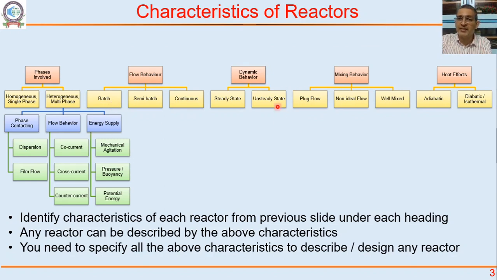It is unsteady state because concentration changes with respect to time, and it is well mixed because everywhere within the reactor concentration is the same, right? So this combination, in your undergraduate course, you called it a batch reactor.